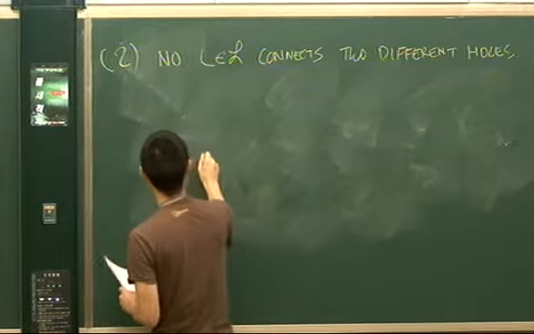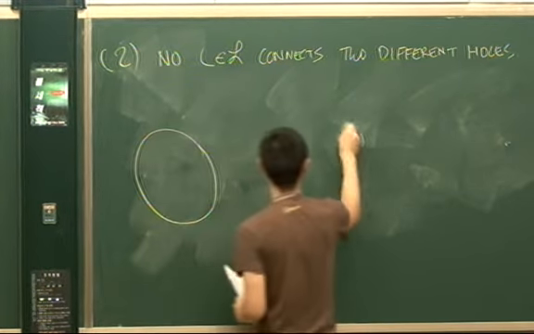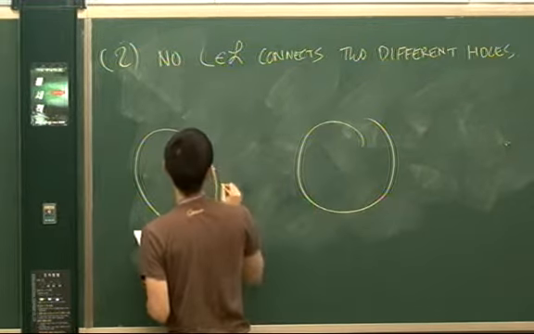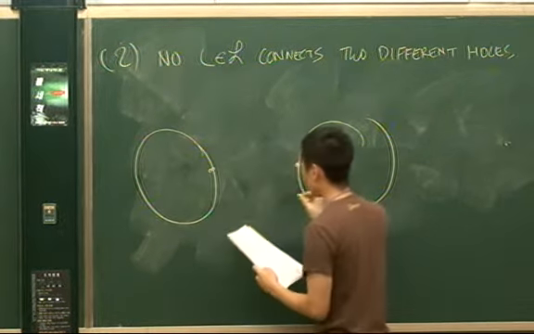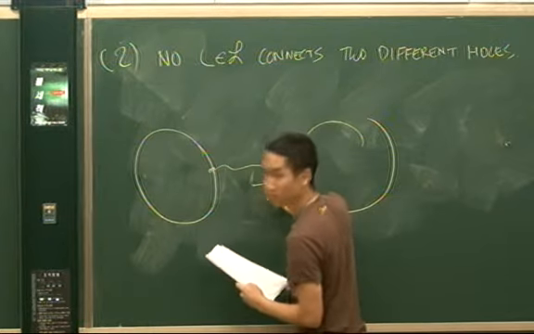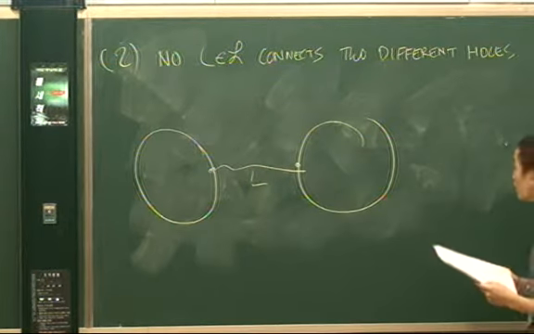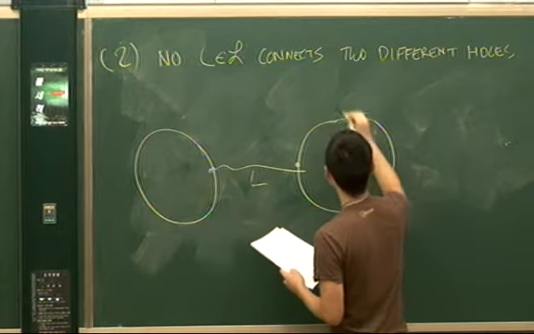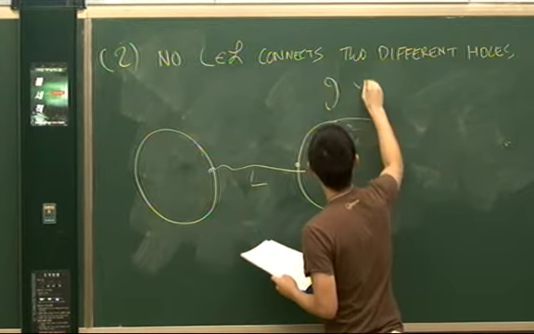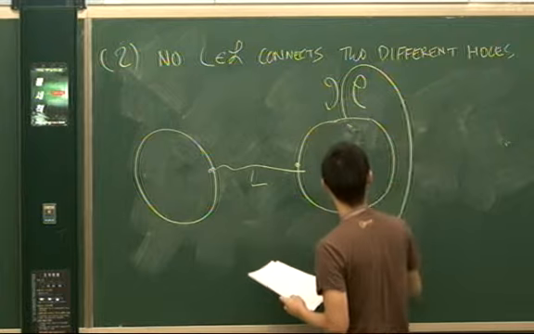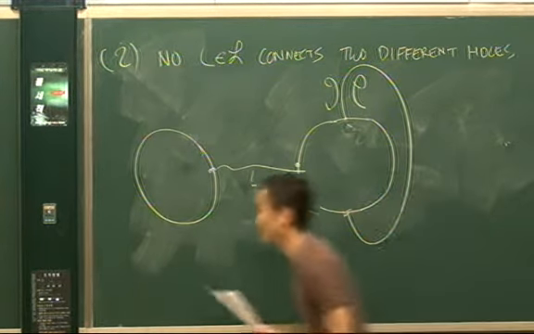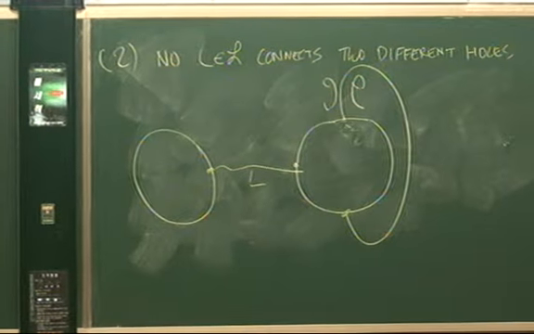You've got, say, two holes, and you've got some L that connects these things up, and say you've got your path P that does this.